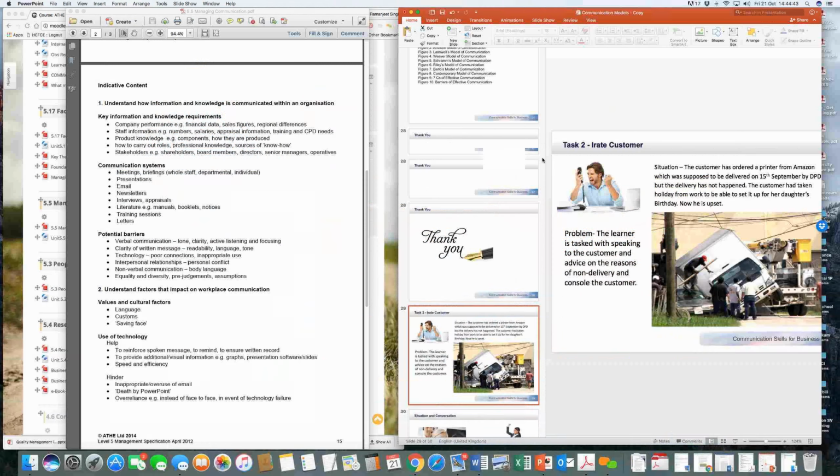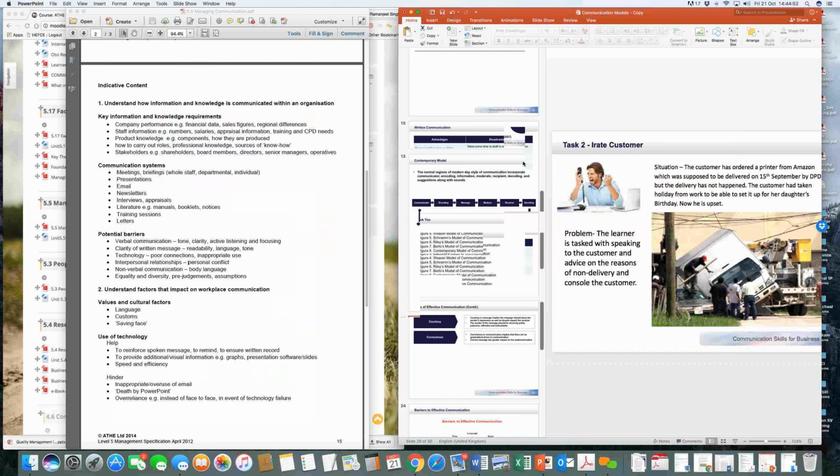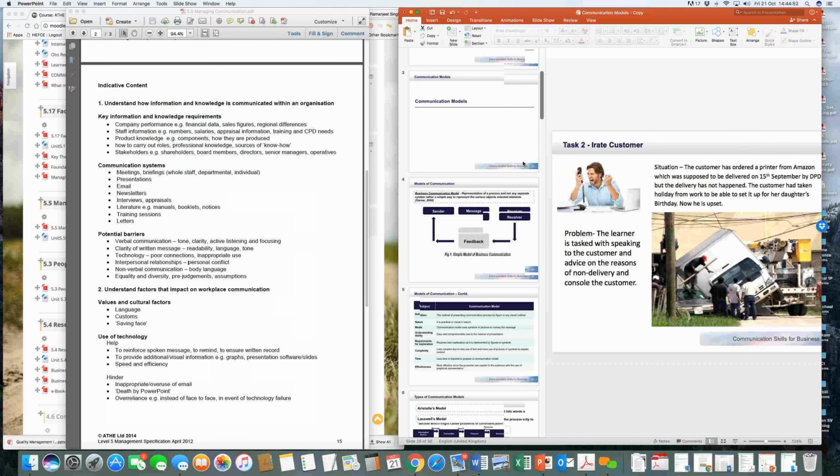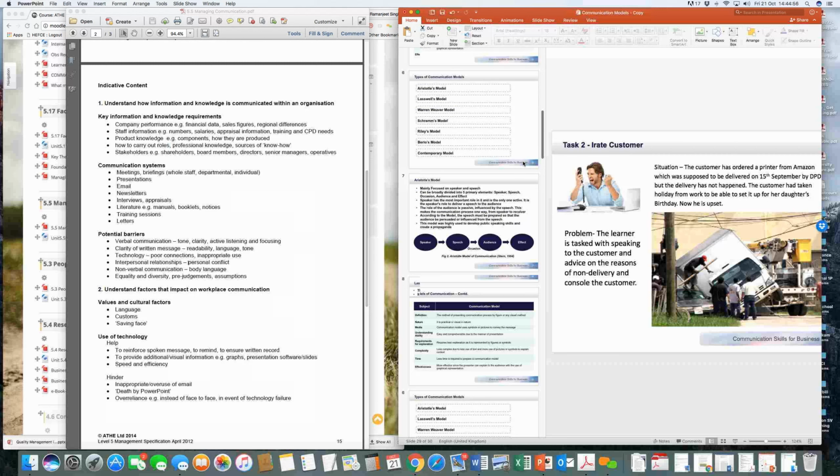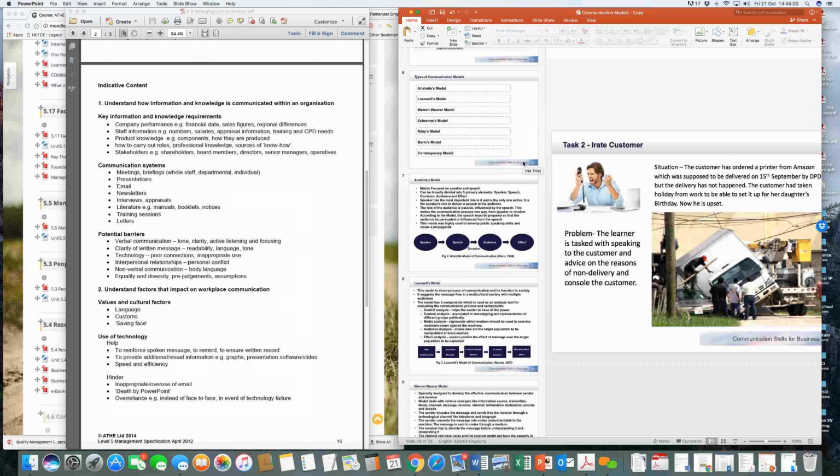So, this is basically a situation wherein what we are looking at is a contemporary model, which will have all the elements working into it.